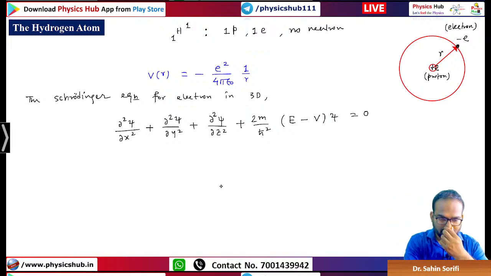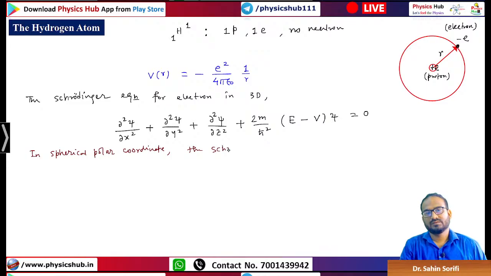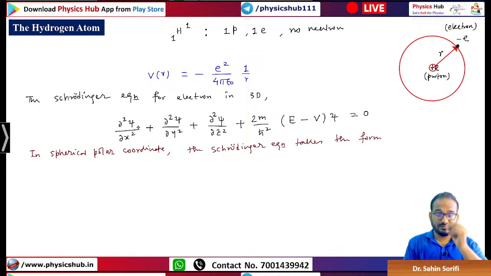The same Schrodinger equation we can express in spherical polar coordinates. And what will be the form in spherical polar coordinates? The Schrodinger equation takes the form. It is actually the Laplacian of psi, right?